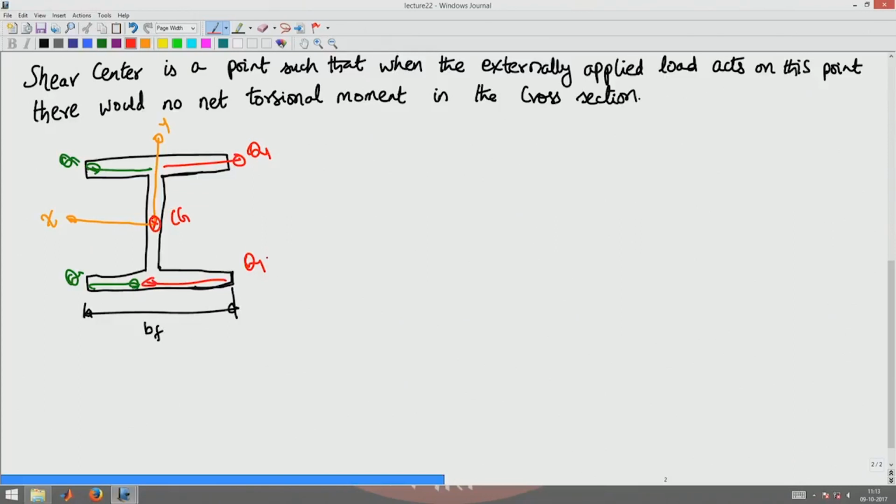So the red Q1 produces a clockwise moment, whereas the green Q1 produces an anti-clockwise moment, which balance each other, and then there is no net torsion.